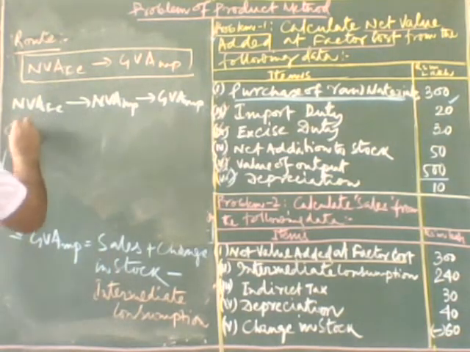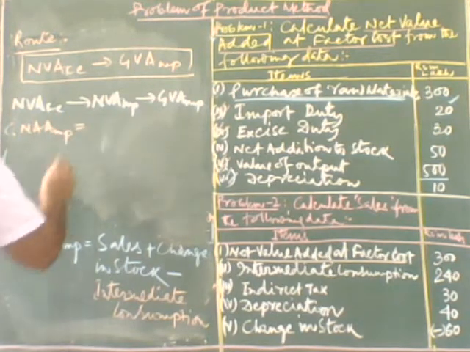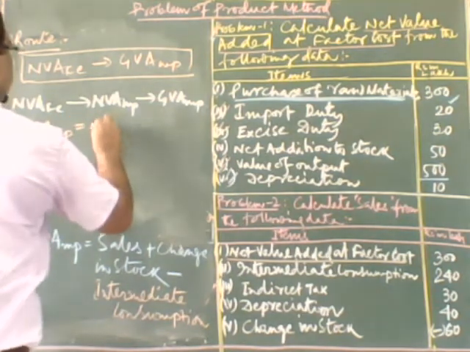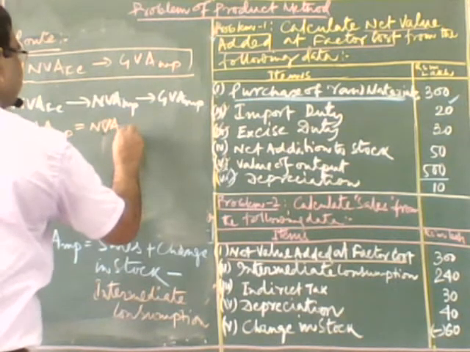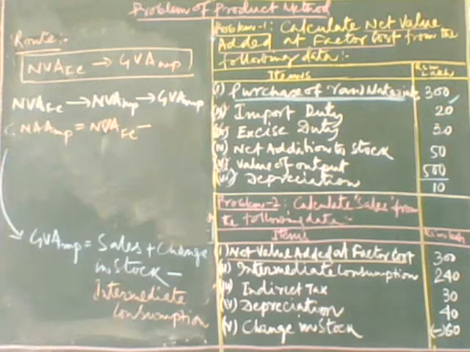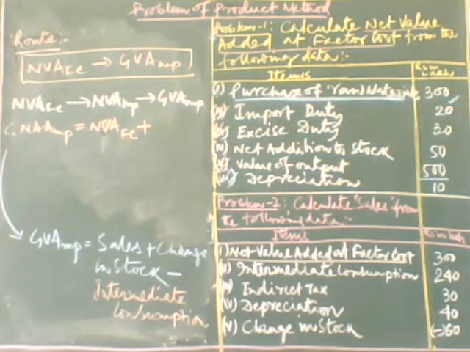Therefore, NVA at market price is equal to what? NVA at factor cost. Here the relation is between market price and factor cost, so the bridging component is NIT.